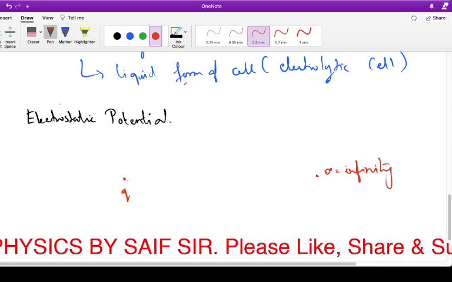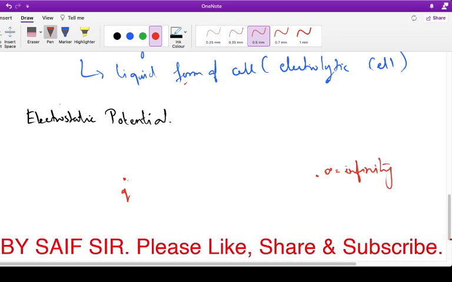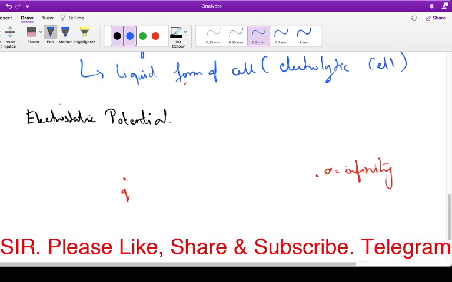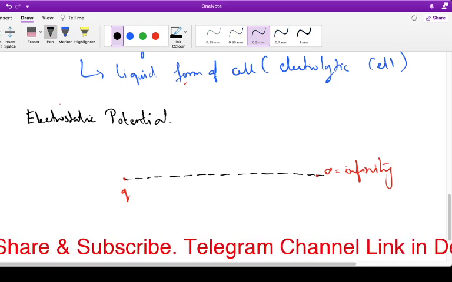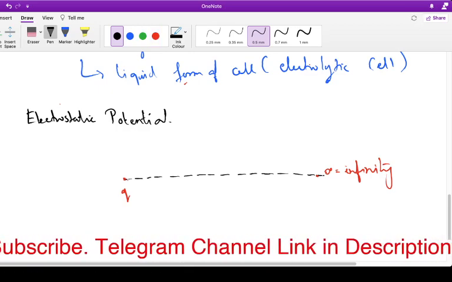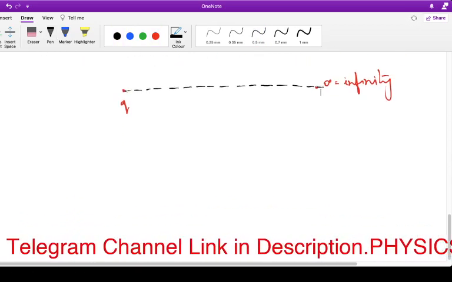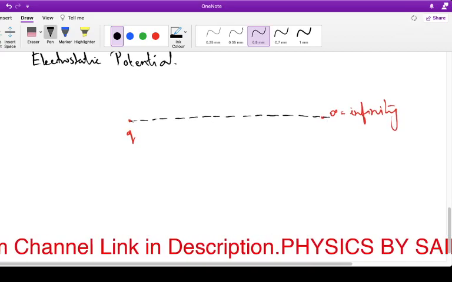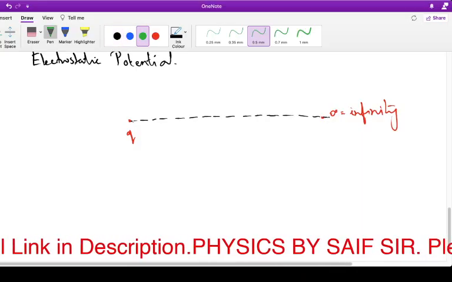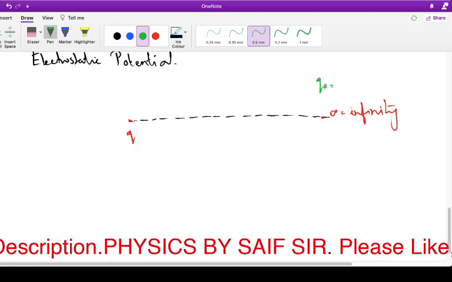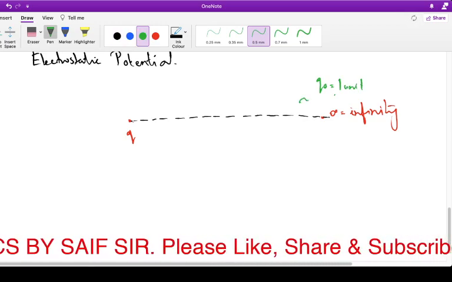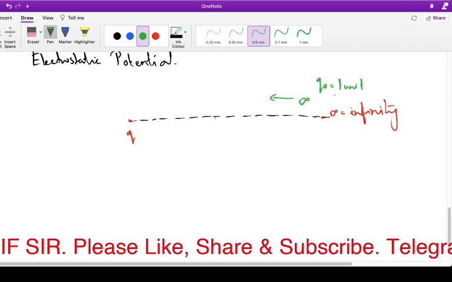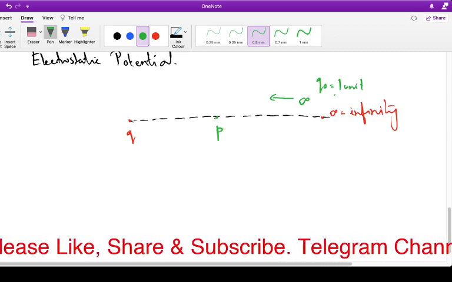Now what we are doing here is bringing the charge, q naught equal to 1 unit charge, from infinity to this point P.